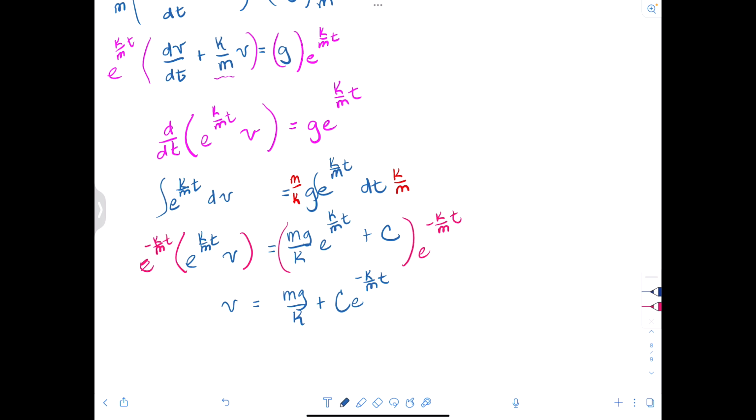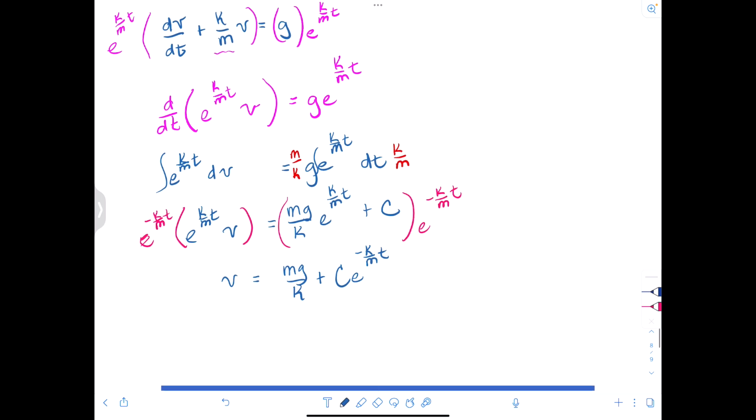All right, so now we want to find c. So remember that v(0) is equal to v0. So v0, our initial velocity, would occur when we're at time 0. So we'd have mg/k + c e^(-(k/m)(0)).